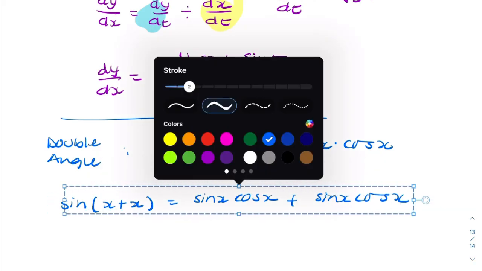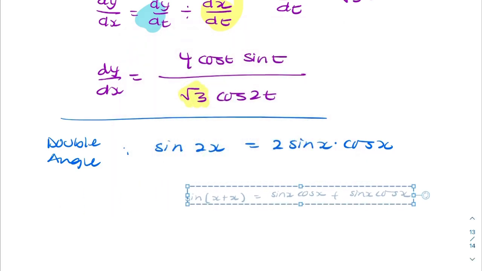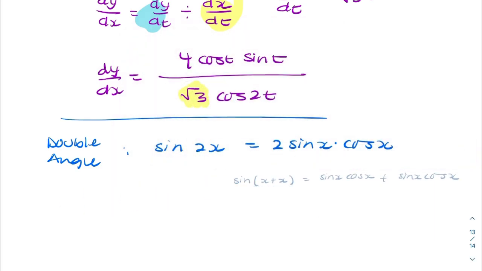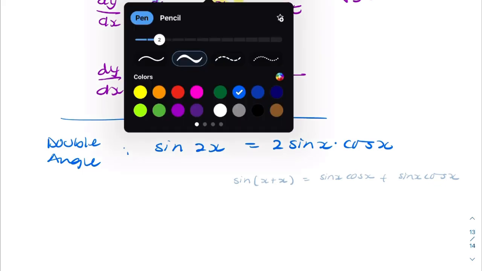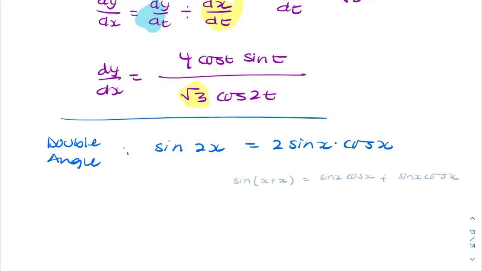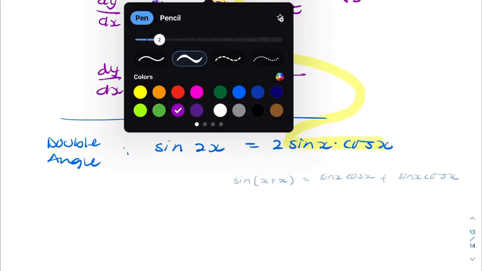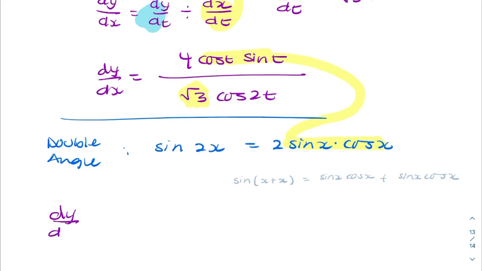Let me put that in grey, move that out of the way. So we can now use that information here, because that is essentially that, but instead of x, t. So we can now say dy by dx is 2 times sine 2t over root 3 cosine 2t.